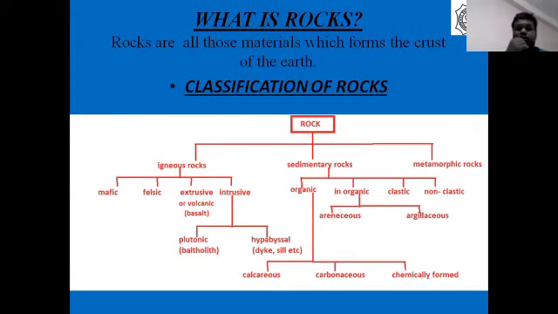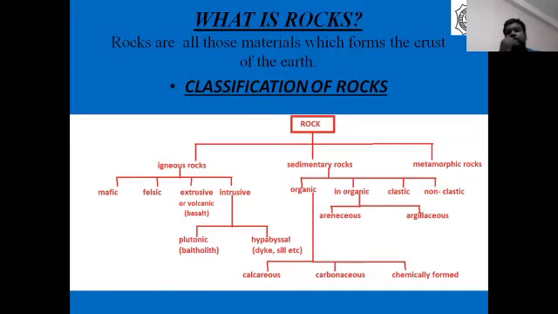Intrusive igneous rock is also divided into two parts: plutonic intrusive rock and hypabyssal intrusive rock.